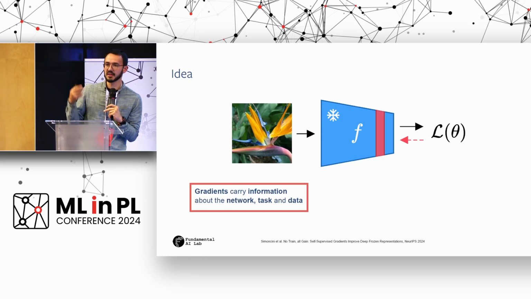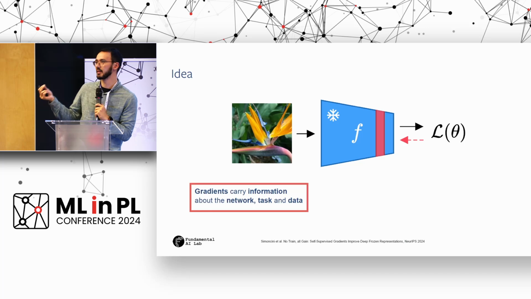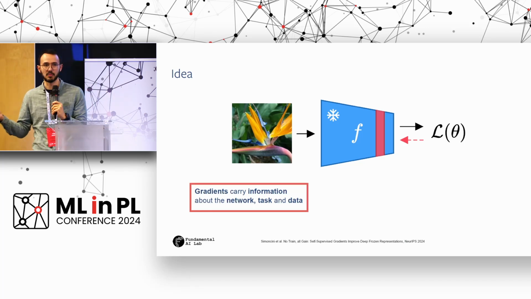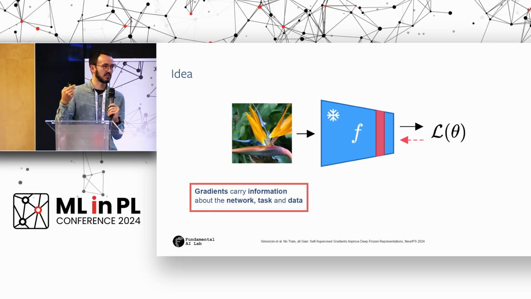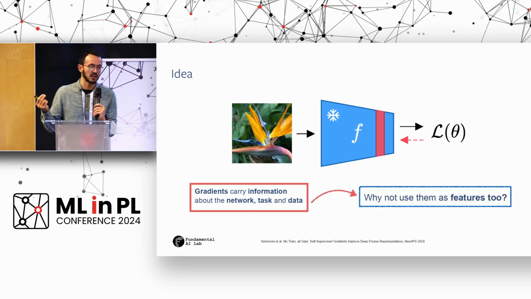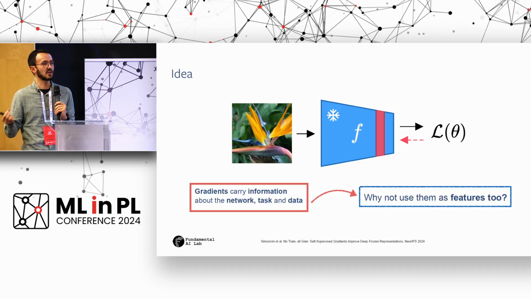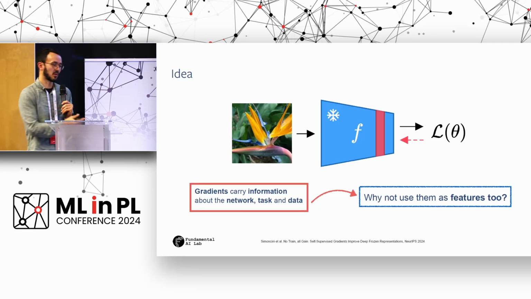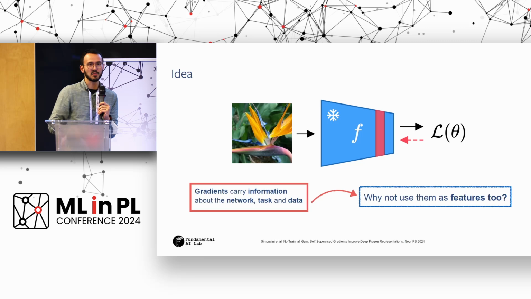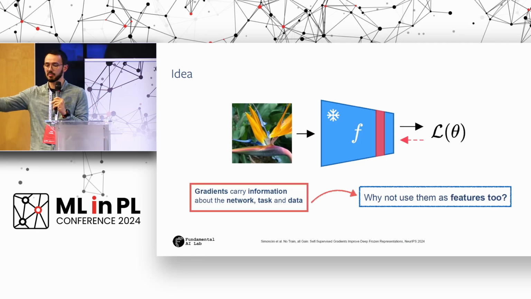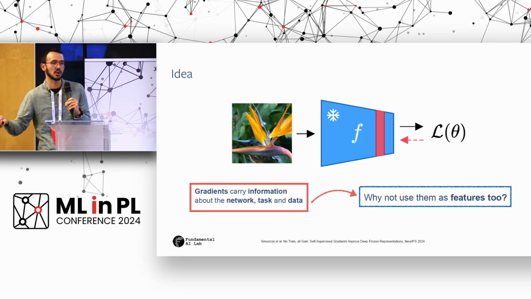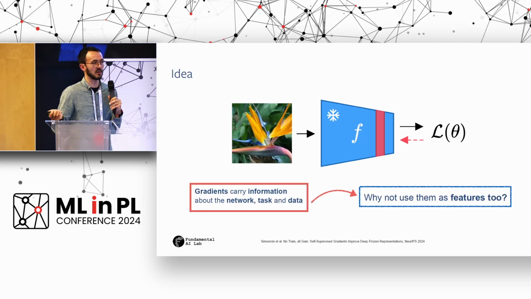So from this very boring description that you have all heard in some basic deep learning course or blog post or tutorial, there's actually this one idea: why not use gradients as features, right? They contain so much information. So why don't we just take the gradient, which is for every parameter in the network, turn this into one vector and use this as a feature? And this is the basic idea of the paper.